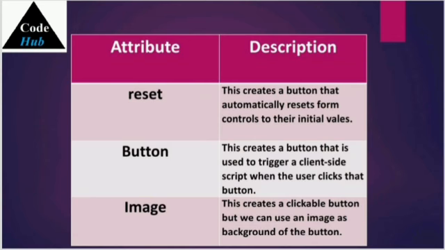This creates a button that automatically resets the form control to its initial value. Second is button. This creates a button that is used to trigger a client-side script when the user clicks that button. Next is image. This creates a clickable button, but we can use an image as the background of the button. And we can also use submit, which creates a button that automatically submits a form.